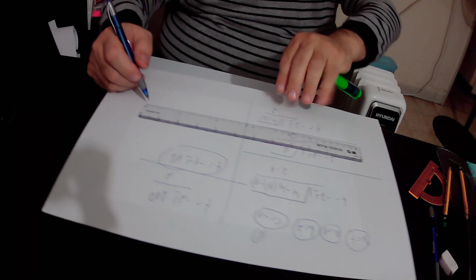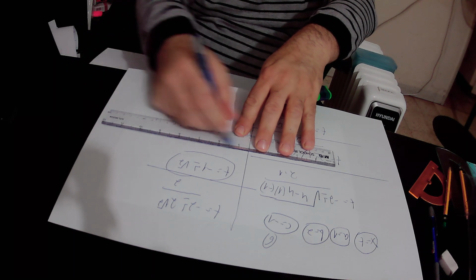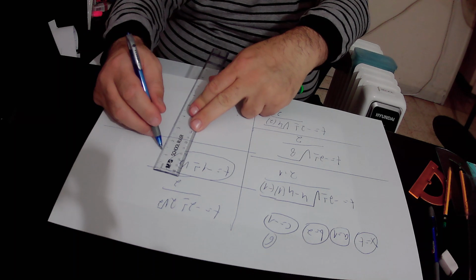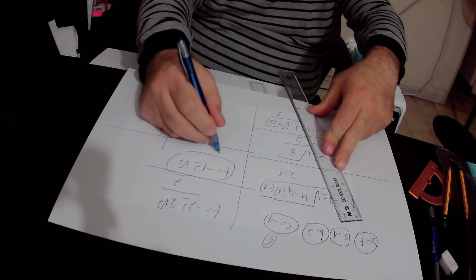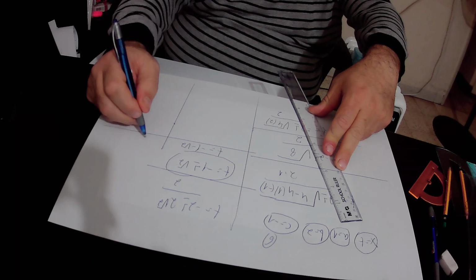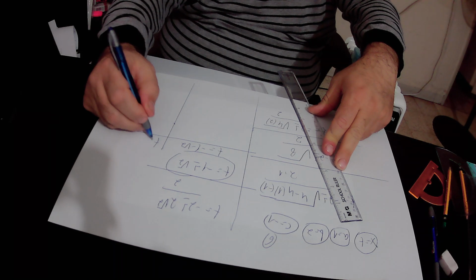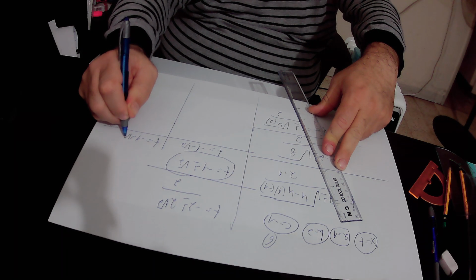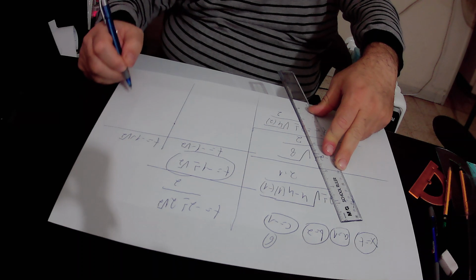So here we have two possible solutions for t. The first solution is that t equals minus 1 minus square root of 2, and the second solution is that t equals minus 1 plus square root of 2.